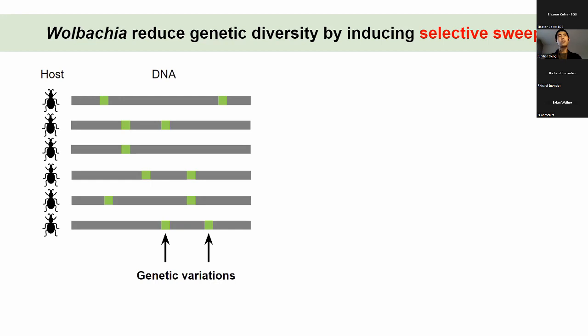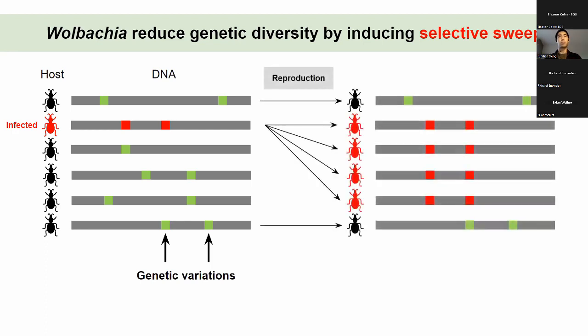And if some of the individuals are infected by Wolbachia, and if the Wolbachia can deliver some benefits to their host, for example, allowing their host to have more offspring, or improving the survivability of their host, then after selection the infected hosts will probably have more offspring.